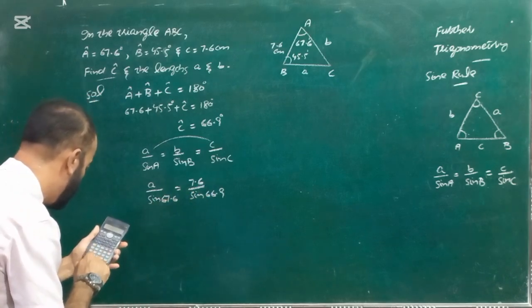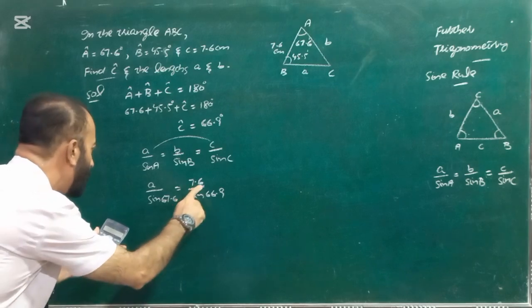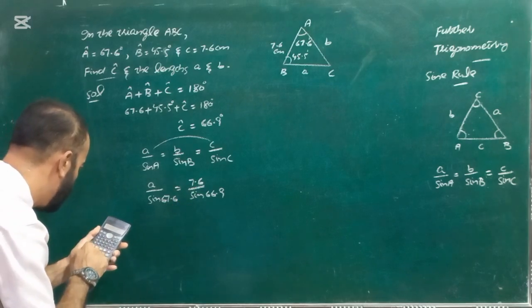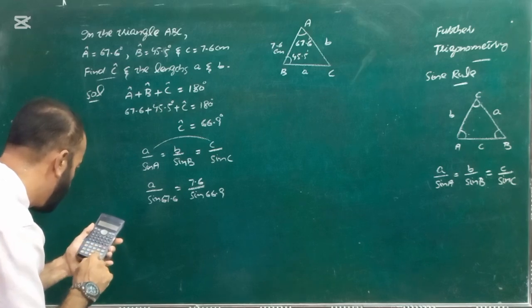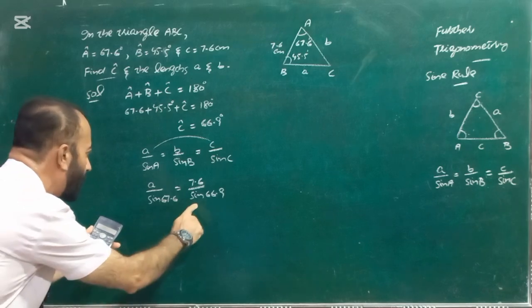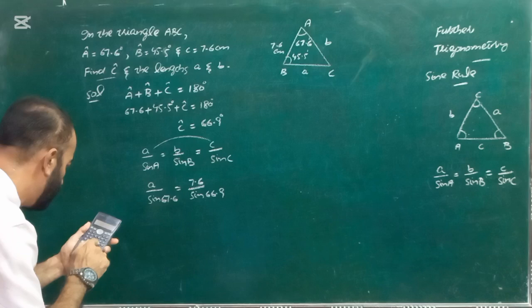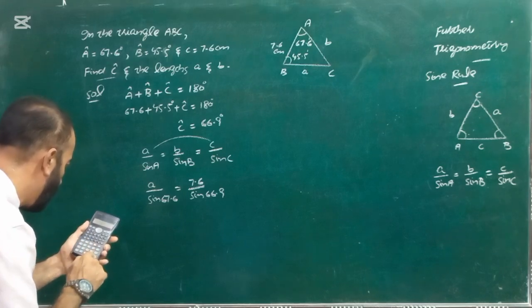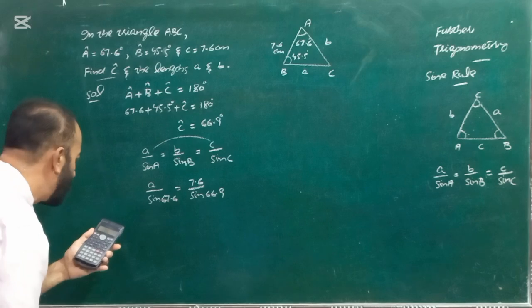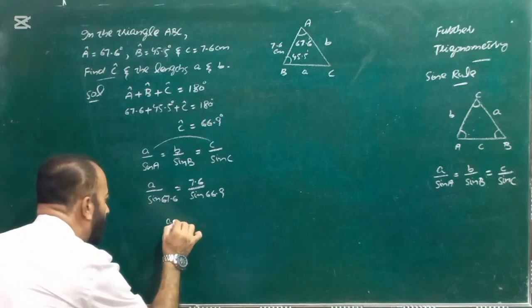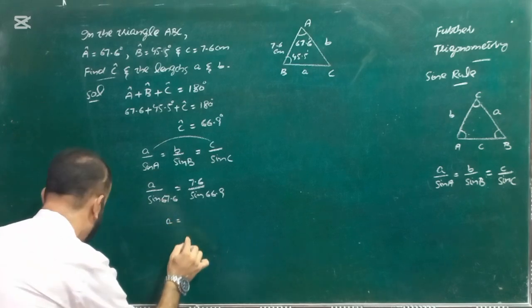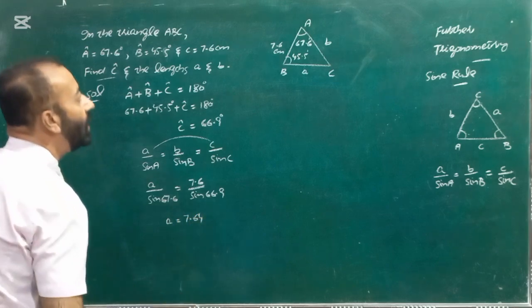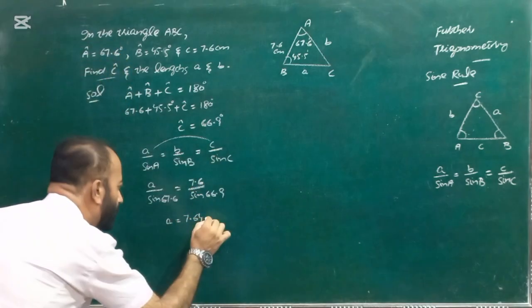So 7.6 into sine 67.6 divided by sine 66.9. The answer is 7.64. So A is 7.64. Unit is centimeter.